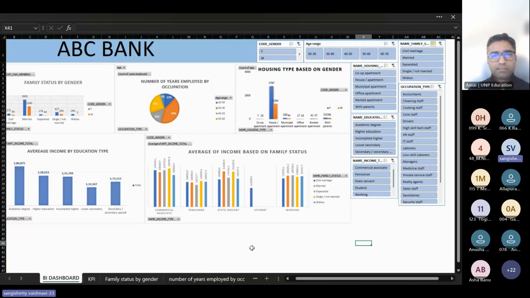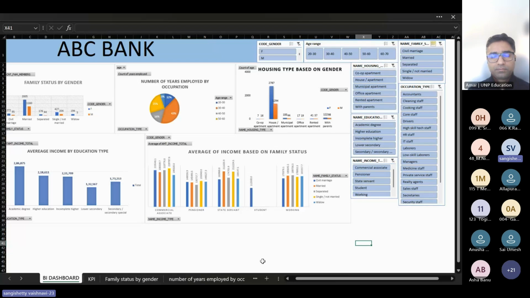The individuals living in cooperative apartments are 7 female and 16 male, and a total of 23 individuals are living there. House and apartment is 2,787 females and 1,094 males, and the total individuals living in house and apartment is 4,081. In municipal apartments, the individuals are 144 total.